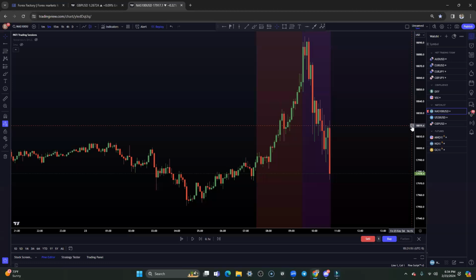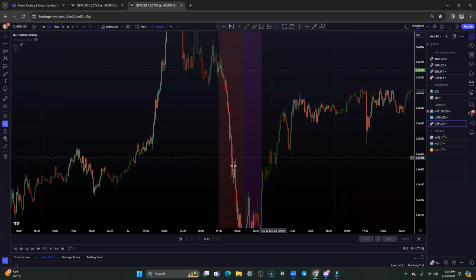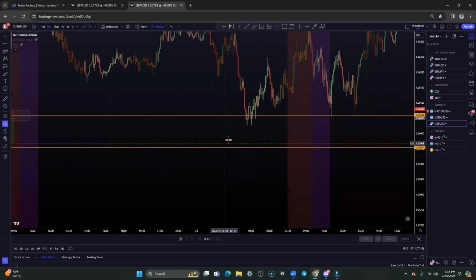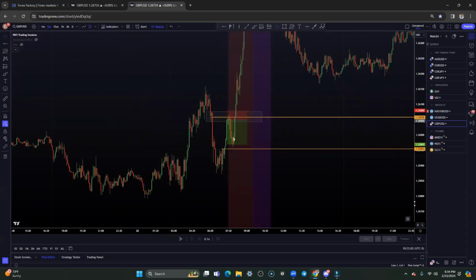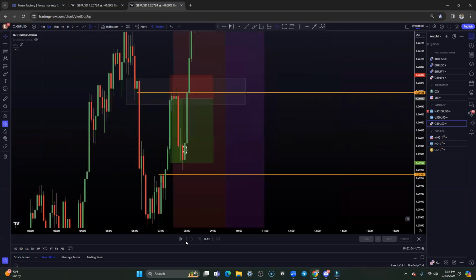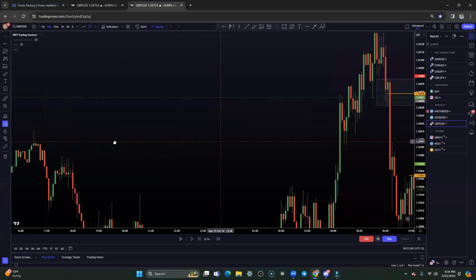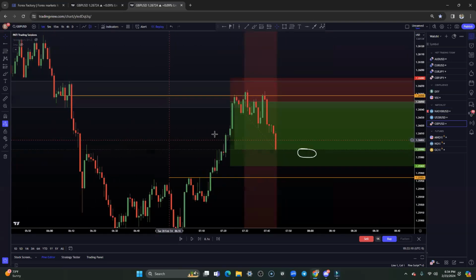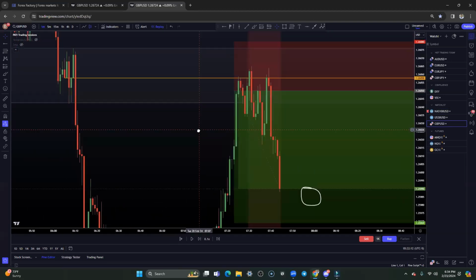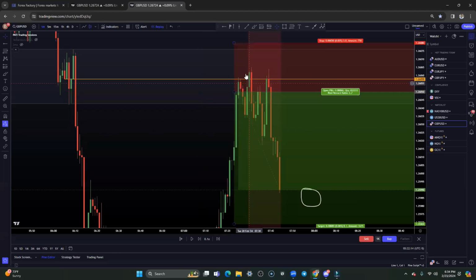It just depends. Let's talk about the GU trade that we took on Tuesday. I just know that stop loss was too tight. This trade right here, if I go back to it and fast forward, realistically, having a 1 pip stop loss on GU is very rare.